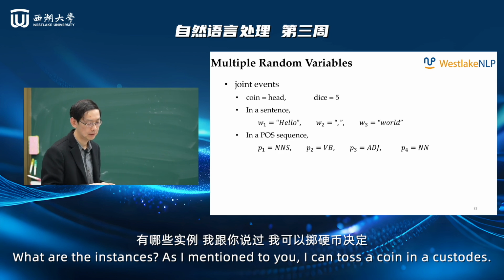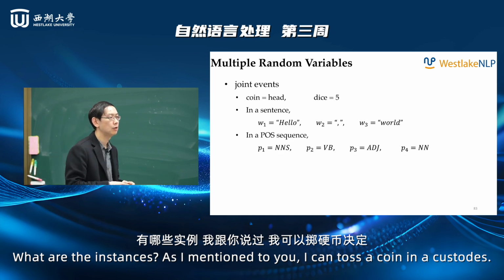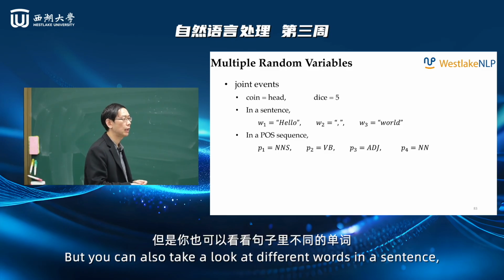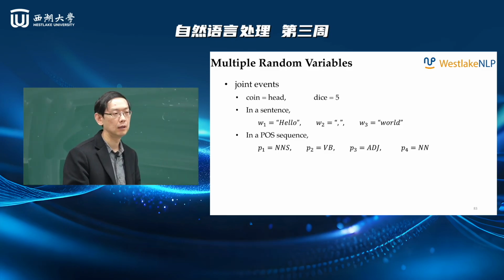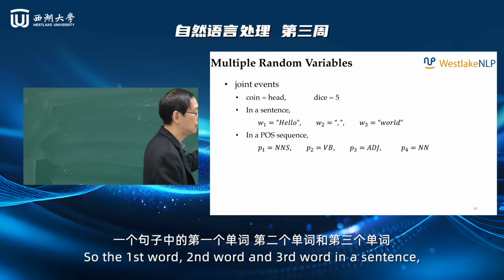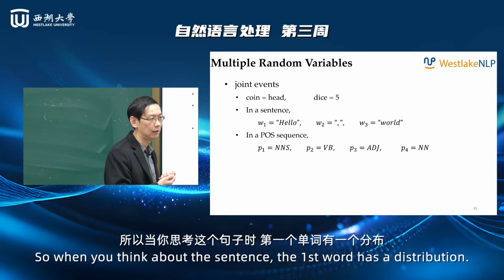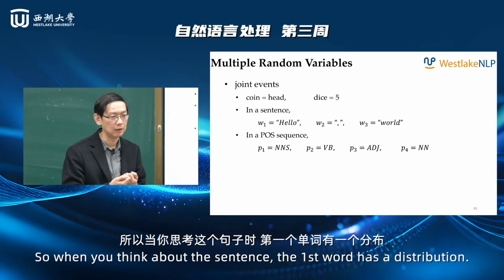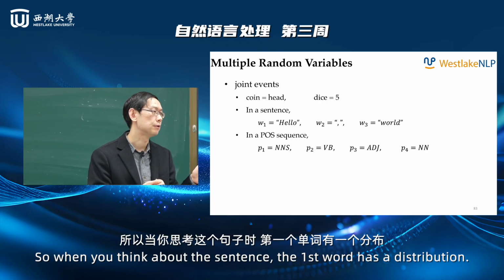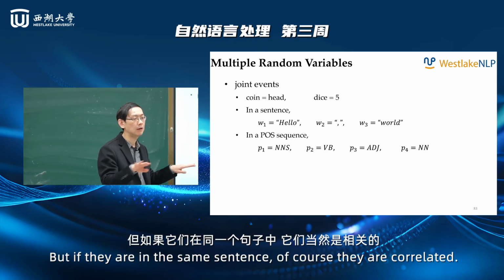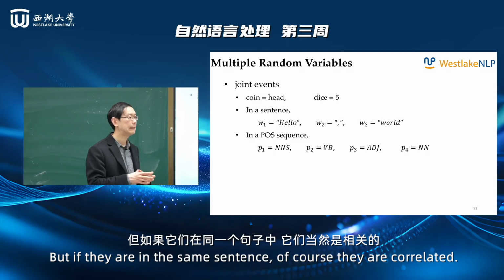What are the instances? As I mentioned, I can toss a coin and cast a dice, but you can also look at different words in a sentence. The first word, second word, and third word in a sentence are 3 random events. When you think about a sentence, the first word has a distribution, and the second word also has a distribution. But if they are in the same sentence, of course they are correlated.